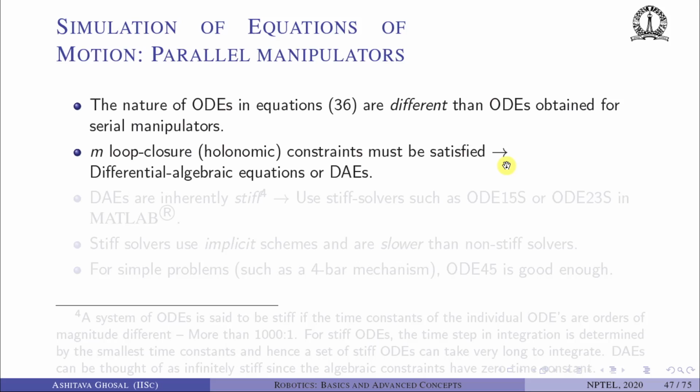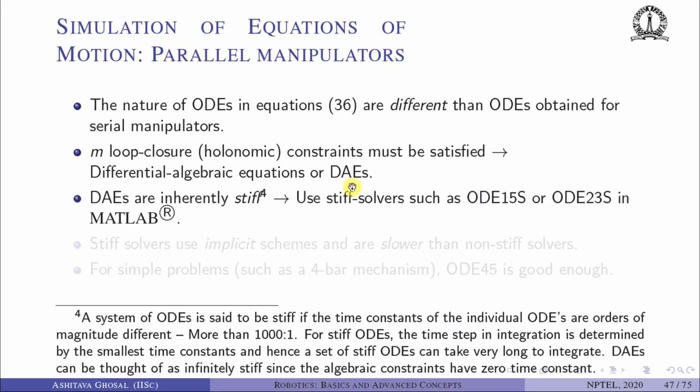They do not include time, and they don't have derivatives of the passive joint variables or the actuated joint variables. So this set of differential equations and holonomic constraint equations are also called differential algebraic equations, or DAEs.